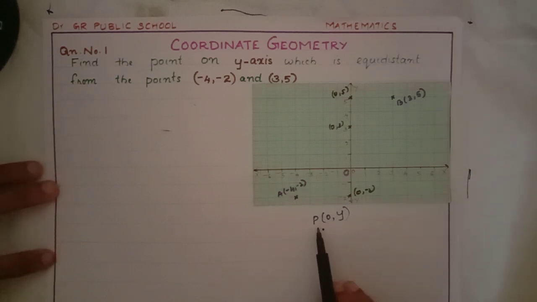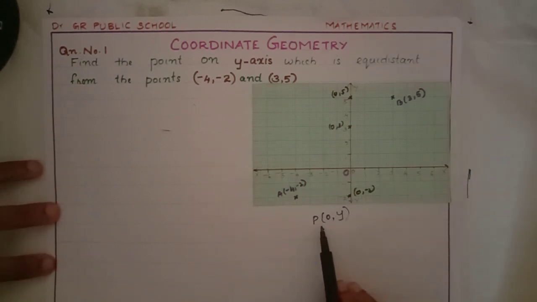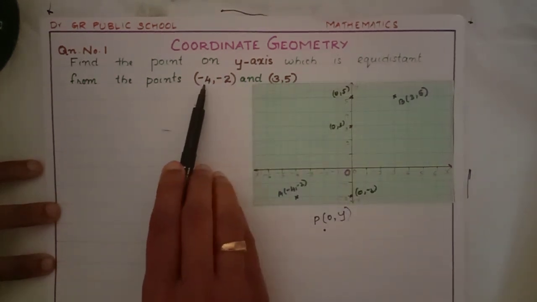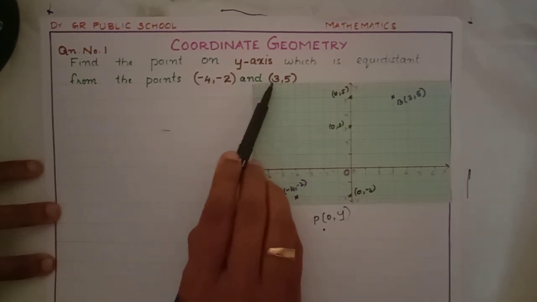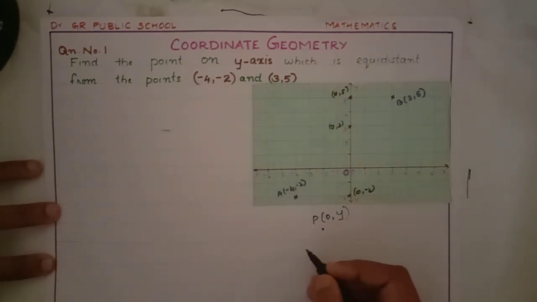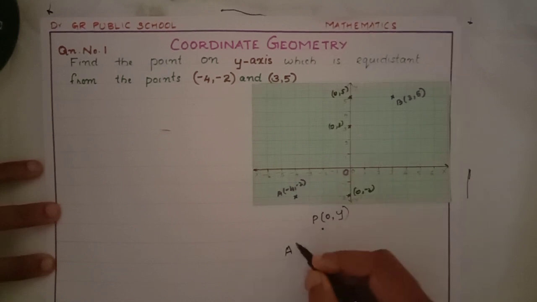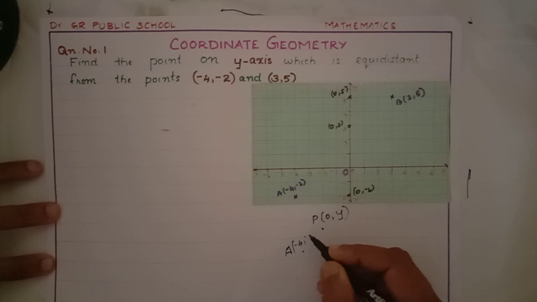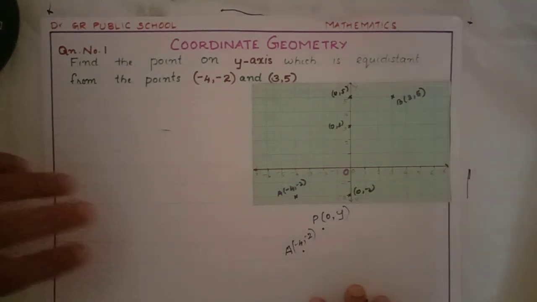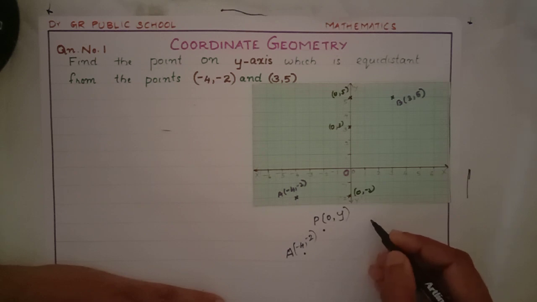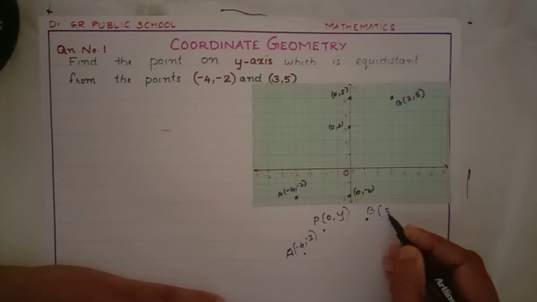And what is the speciality of this point? This point is at an equal distance from A and B. I have taken this point as A, which is (-4, -2), and here somewhere the point B, which we write as (3, 5).